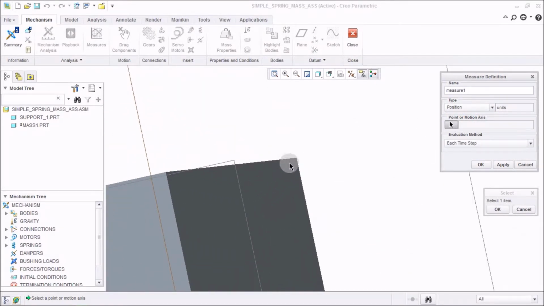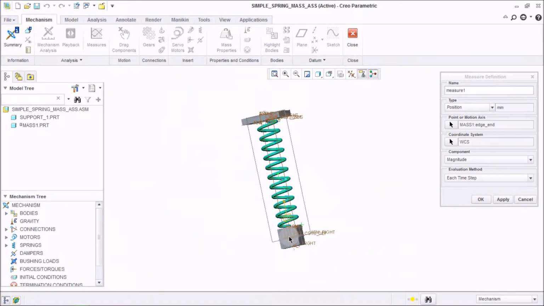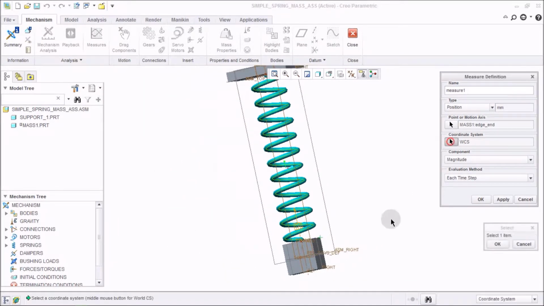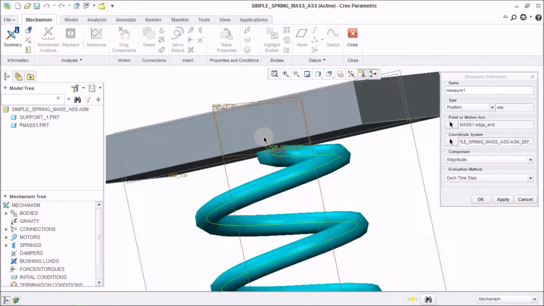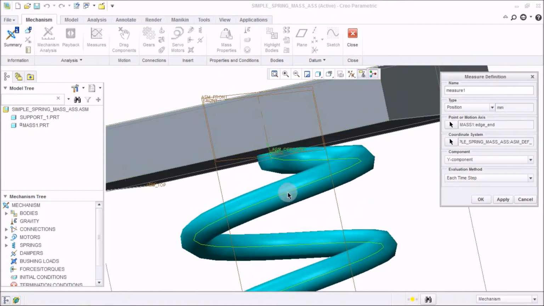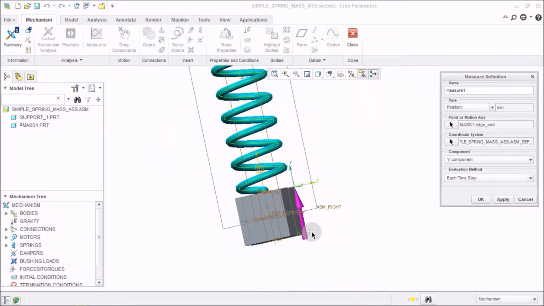I am selecting this point, then select the coordinate system in which you want to measure this point. Select the assembly coordinate system, then magnitude, let's say the y-axis, because the y-axis is in the downward direction. This arrow will indicate your chosen component, so apply.